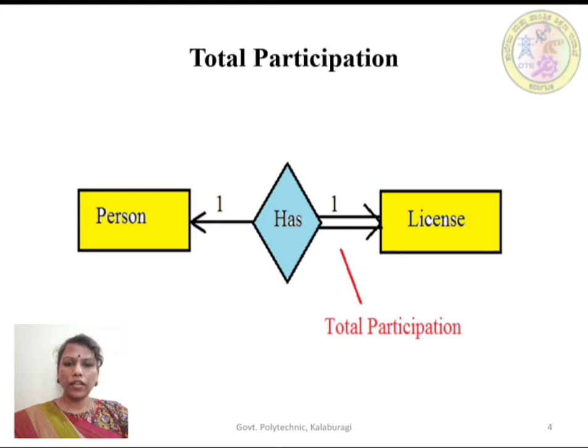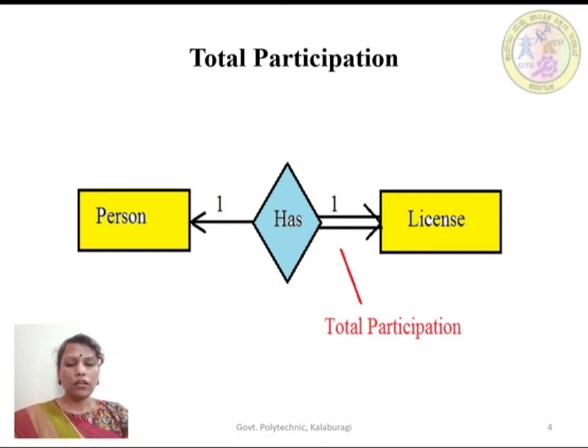See, here I have taken an example of person has license. Here we have two entity types, that is person and license. The relationship type here is has. So here person has license. The cardinality ratio here is 1:1. That means one person must have one license.